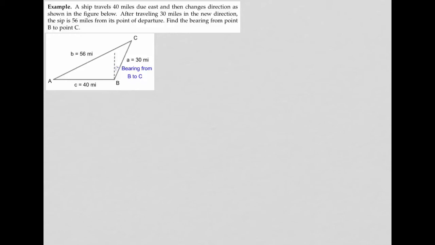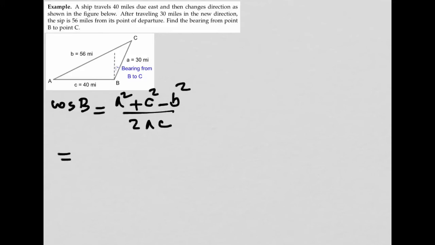So we start out solving this problem by applying the law of cosines to figure out angle B. So cosine B is a squared plus c squared minus b squared over 2ac.